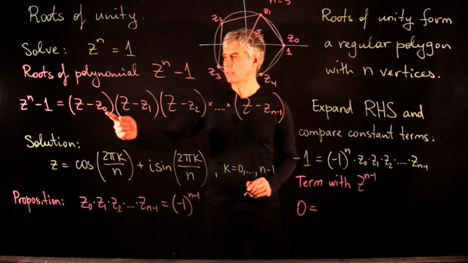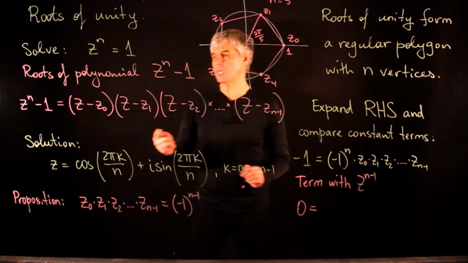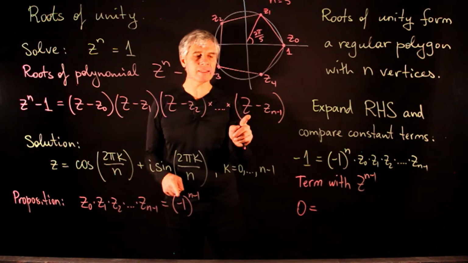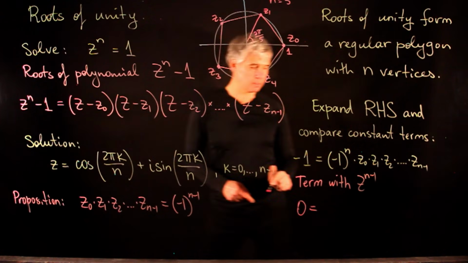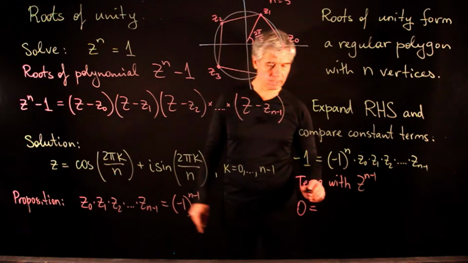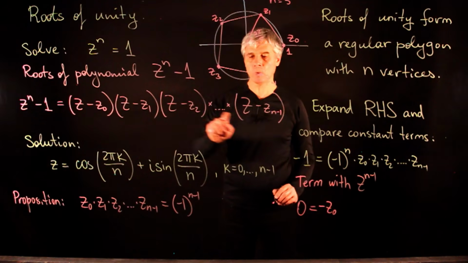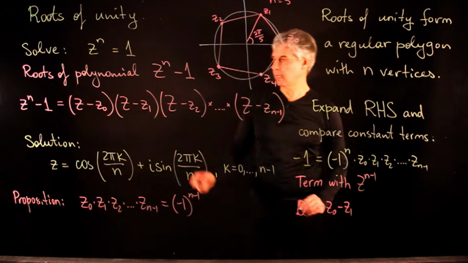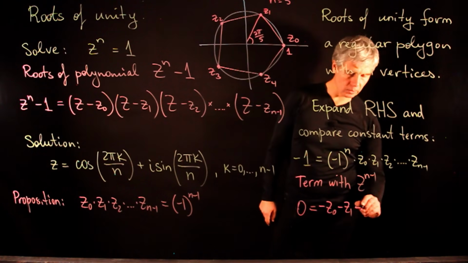And on the right, if we take z to the n minus 1, this means that in n minus 1 factors we have to pick z, and in the remaining factor we pick the constant term. And so then we're going to get minus z0 times z from all other factors, then minus z1 and z from the remaining factors, and so on.